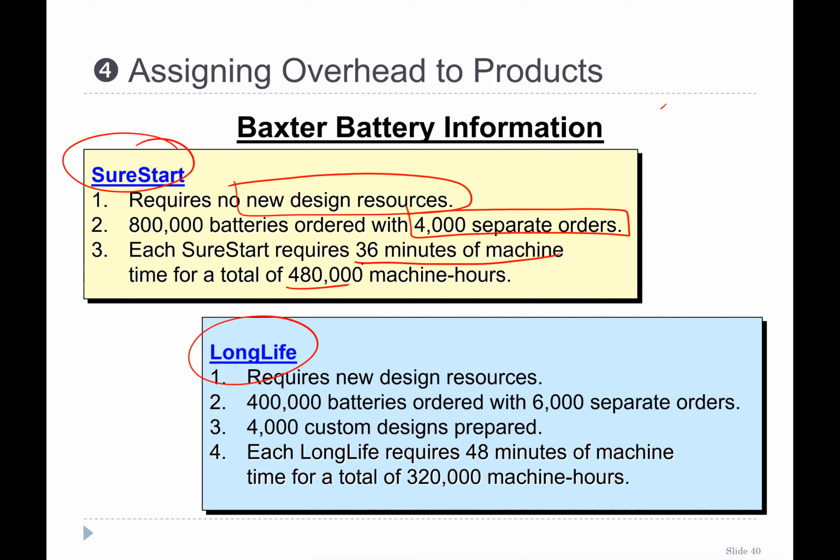Long life requires new designs, right? 400,000 batteries are ordered with 6,000 separate orders, 4,000 custom designs prepared, and each long life requires 48 minutes of machine time, which is 320,000 machine hours, right?